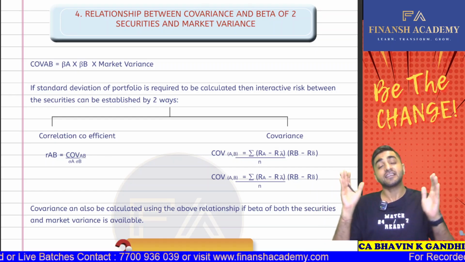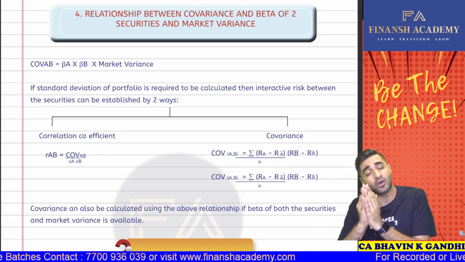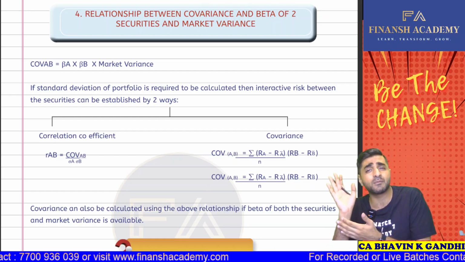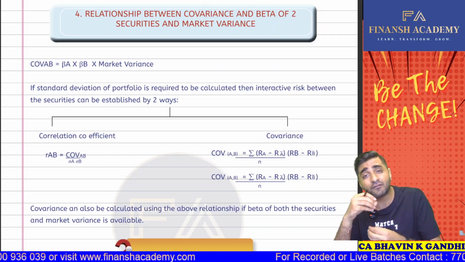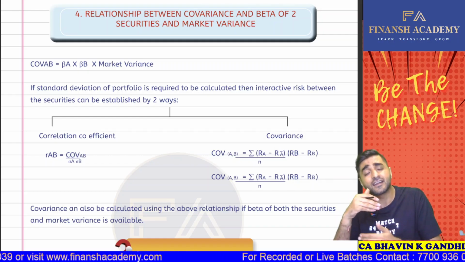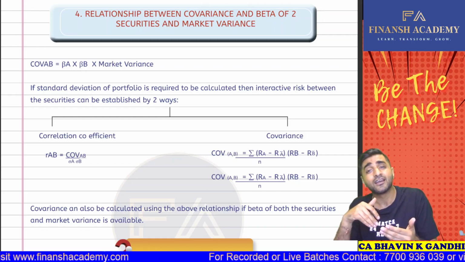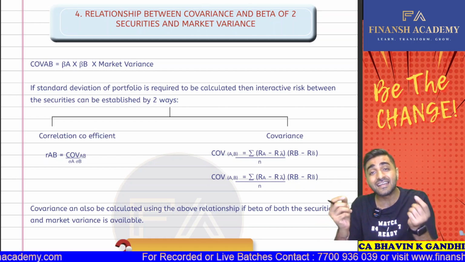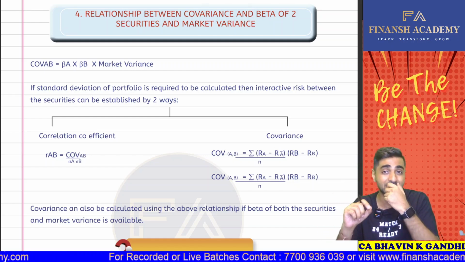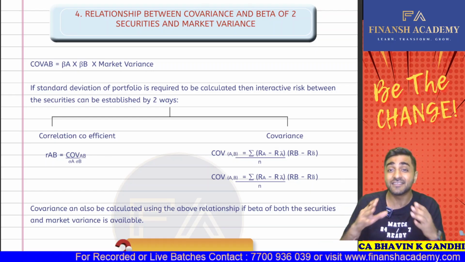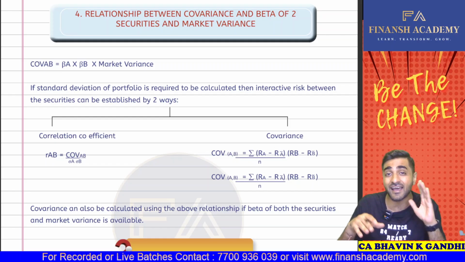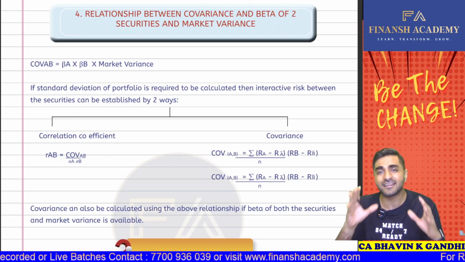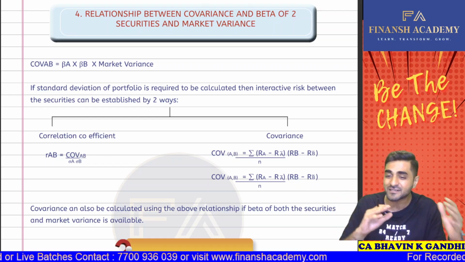We have already revised in the first part what modern portfolio theory is, in which we learned right from the basics how to calculate the return of a security, risk of a security, return of a portfolio, and risk of a portfolio, for a two-security portfolio and a three-security portfolio, what the interactive risk should be using covariance, then the correlation coefficient, then dilution of the risk in a portfolio when R is -1, +1, and 0. We covered all that in modern portfolio theory in the first part.